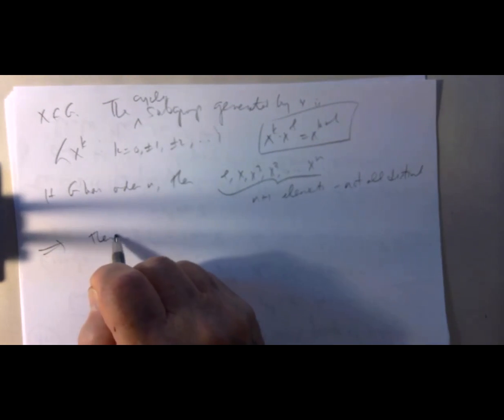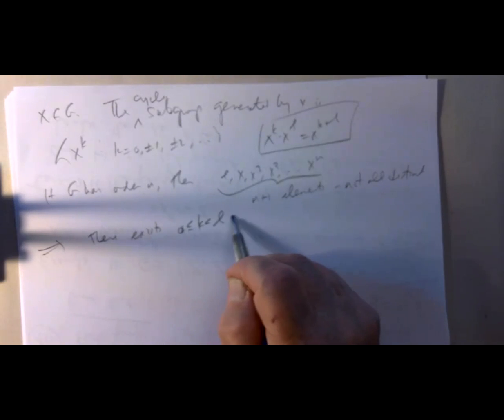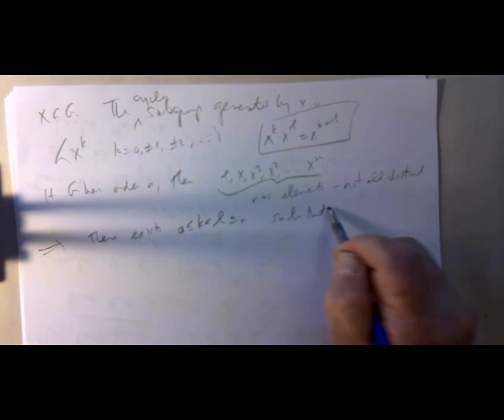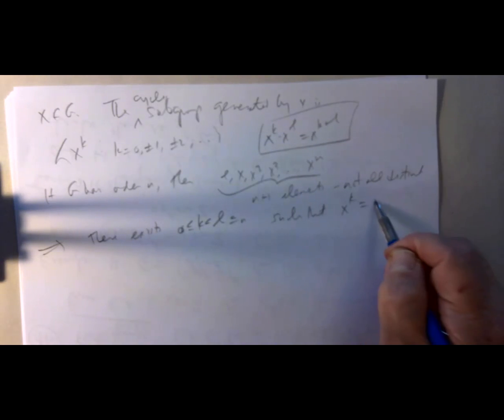So this means that there exist integers k and l between 0 and n, k strictly less than l, such that x to the k equals x to the l. Right? They can't all be different.